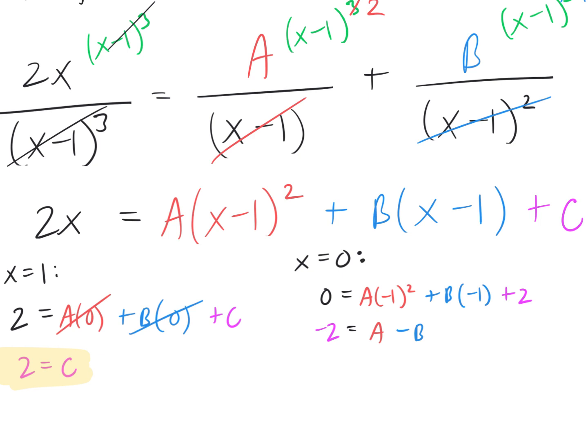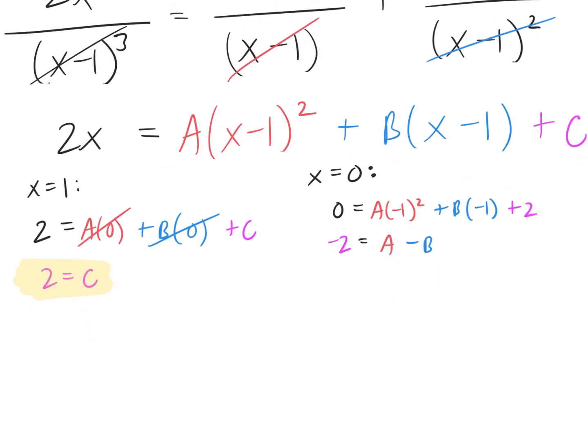So let's choose another value for x. What do we want x to be? Negative 1, okay. Let's choose negative 1. So if x equals negative 1, I plug that in. On the left-hand side, I get negative 2.